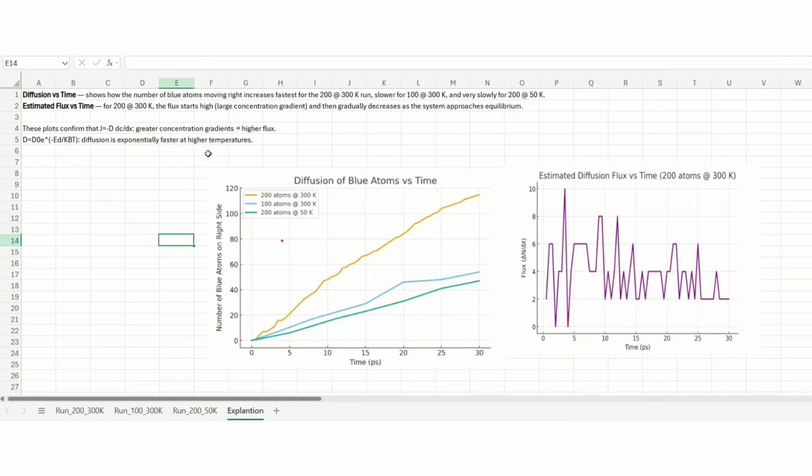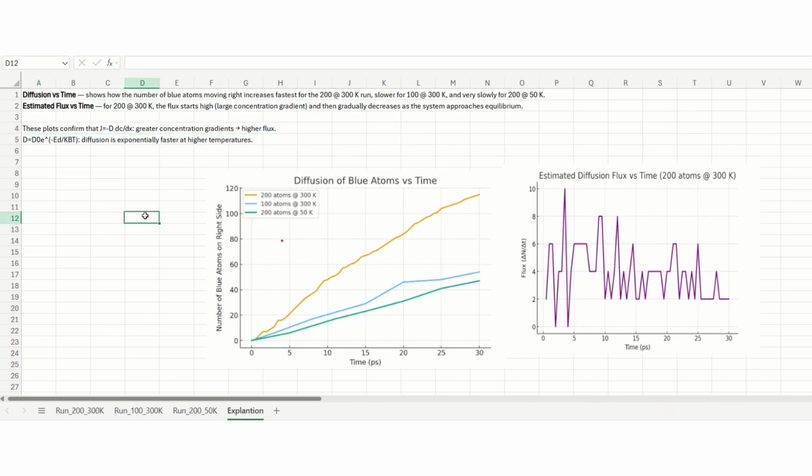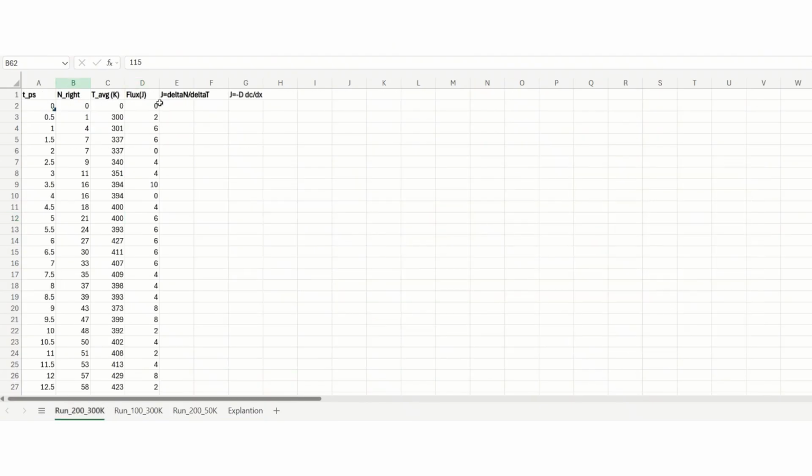This means that diffusion is exponentially faster at higher temperatures. So let's explain the 2 flux equations. This first equation says that the diffusion flux is proportional to the concentration gradient, and our data clearly supports this relationship, because when the gradient was higher, like in the 200 atom run, the flux was also higher than the other two runs, which is clearly shown in these two graphs and also in the data points here.